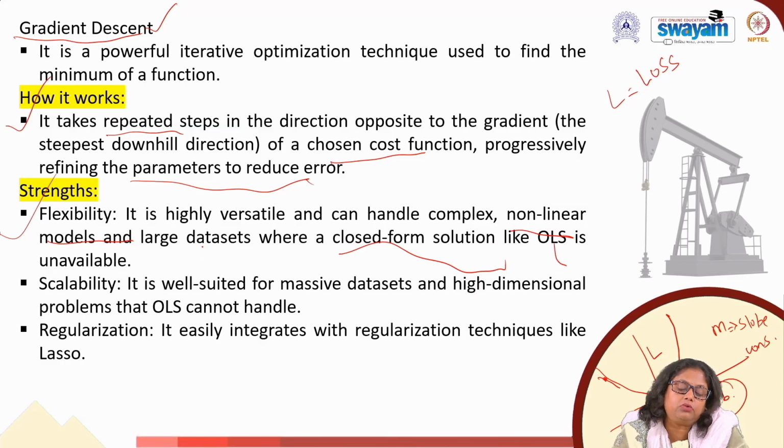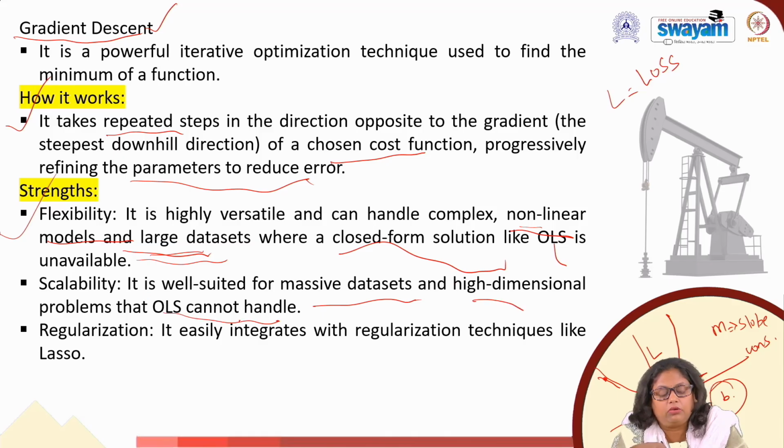The difference from the previous one is that OLS is limited to smaller data sets and a few features, while this one is applicable to non-linear models and large data sets. Scalability: it is well suited for massive data sets and high dimensional problems that OLS cannot handle. And regarding regularization, it easily integrates with regularization techniques like lasso.